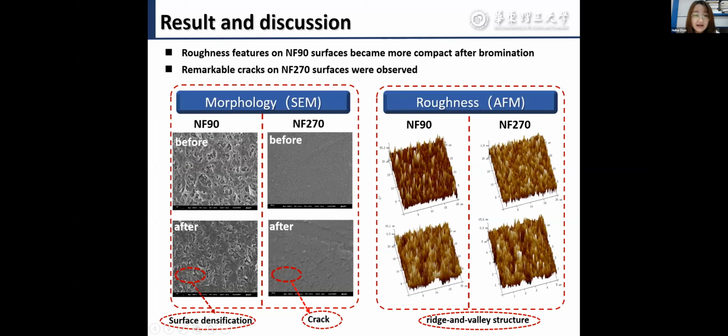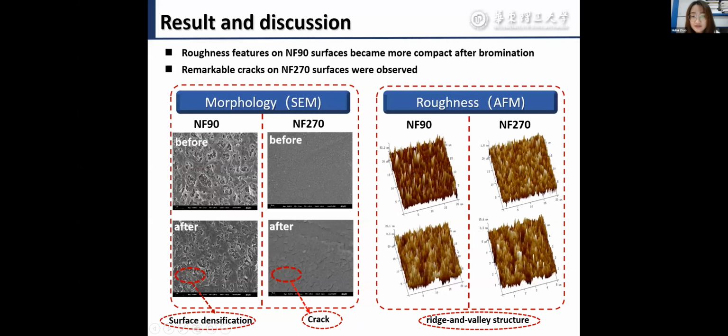Here comes the result and discussion part. First, from the SEM and AFM analysis, we found the NF90 had a rough surface with a ridge and valley structure. After exposure to bromine, the membrane surface became more compact. And after exposure to bromine solutions, some cracks were observed on the NF270 surface.